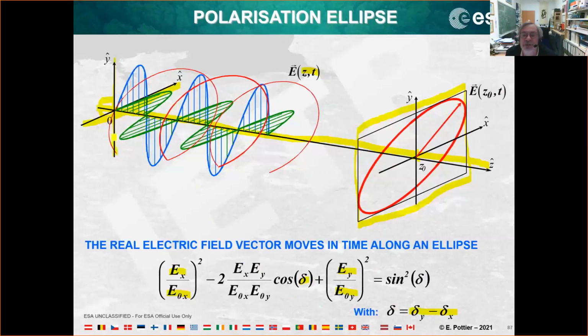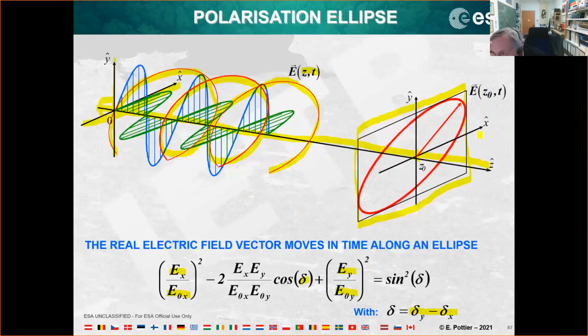Here you can see on this red helicoidal the variation of the electric field along the z-axis. So it is from one picture. I have no more time. I have only the z information.